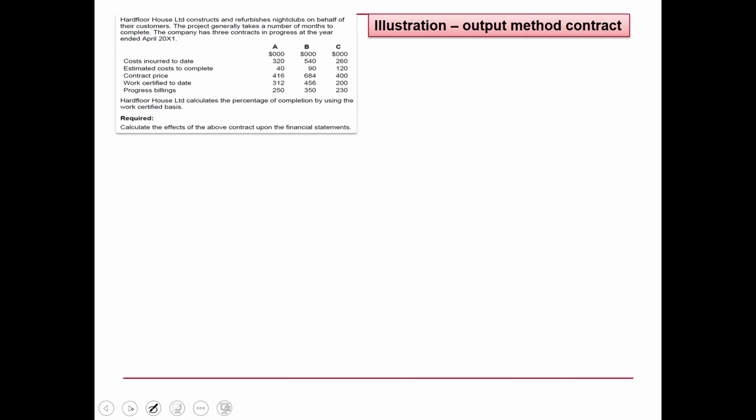So the stages are the same. Step number 1, overall profit or loss. We are going to say contract A, contract B, contract C. We do the same.